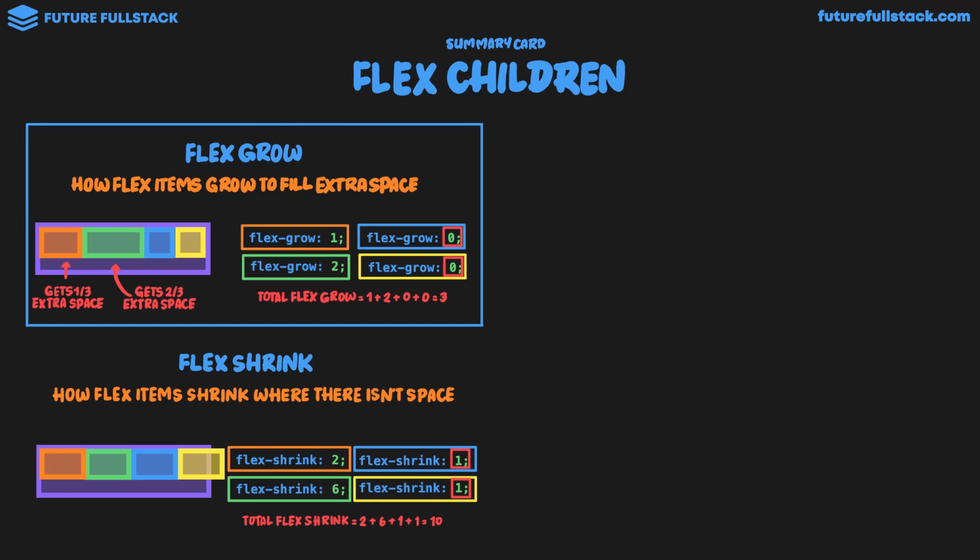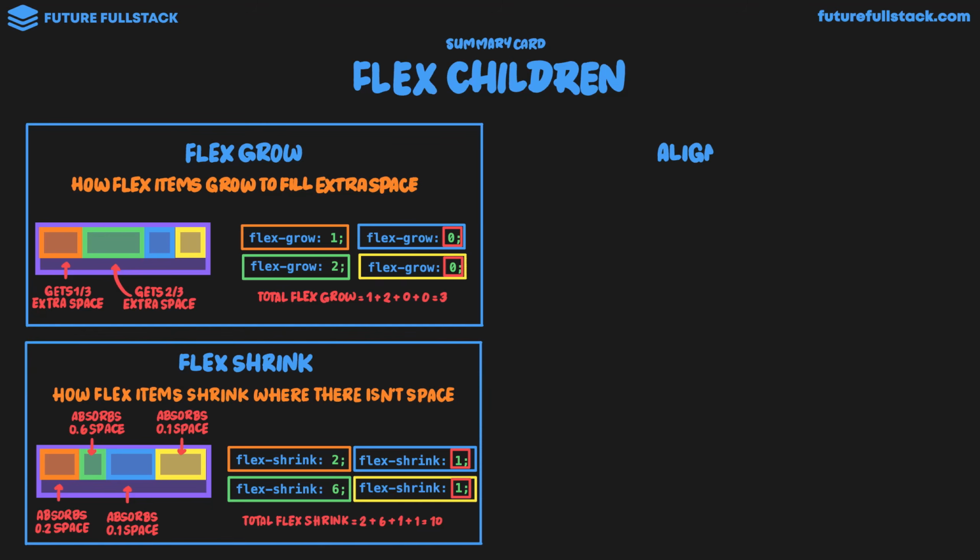And this results in our flex items all fitting within the container like this, where the first box absorbs 0.2 of the overflow space, that is its own flex shrink value of 2 divided by the total of 10. The second box absorbs 0.6 of the overflow space, that is its own flex shrink value of 6 divided by the total of 10. Box 3 then absorbs 0.1 of the overflow space by the same logic, and box 4 also absorbs 0.1 of the overflow space, the exact same as box 3.